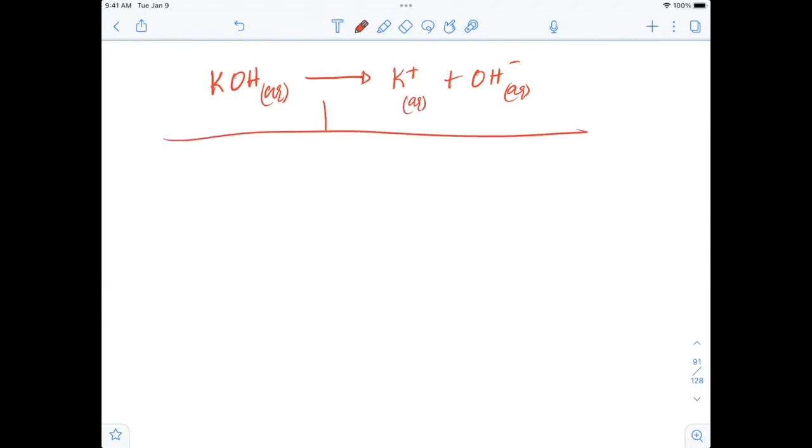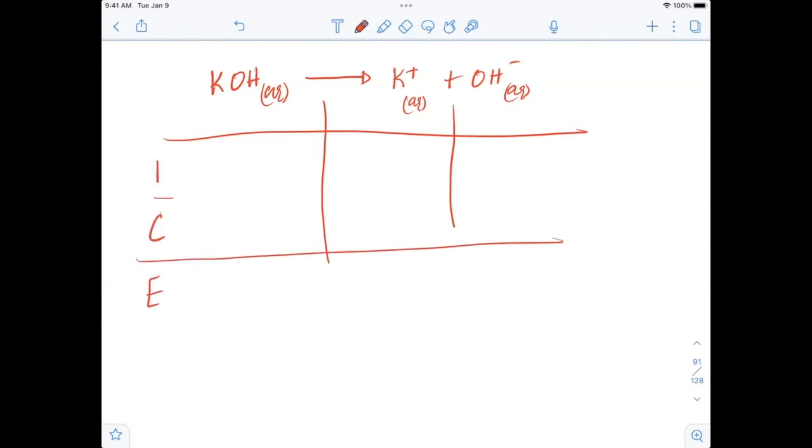Okay. You want to get your ICE table. So you're going to have your initial, your change, your end. And the amount here is 0.225 molar, 0, because nothing has happened yet in the beginning. And then you have change. In change, you're going to write the change in terms of the stoichiometry.